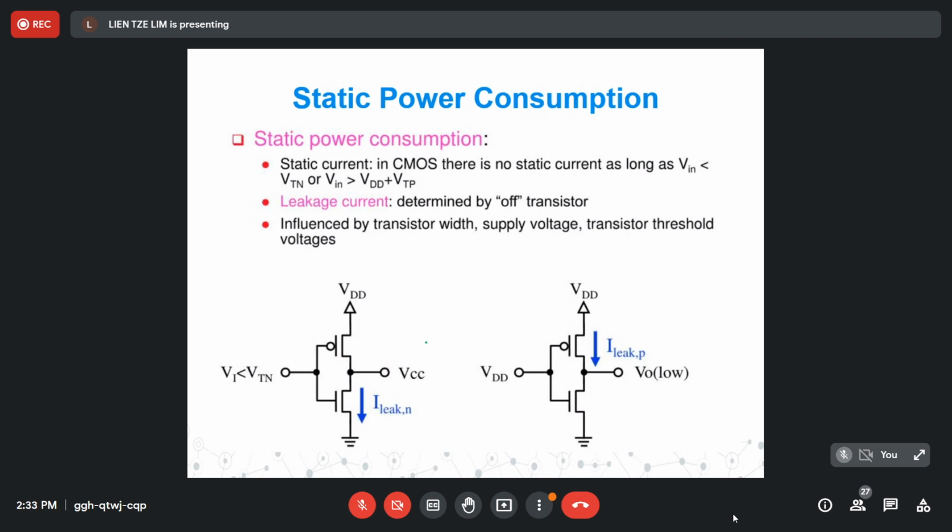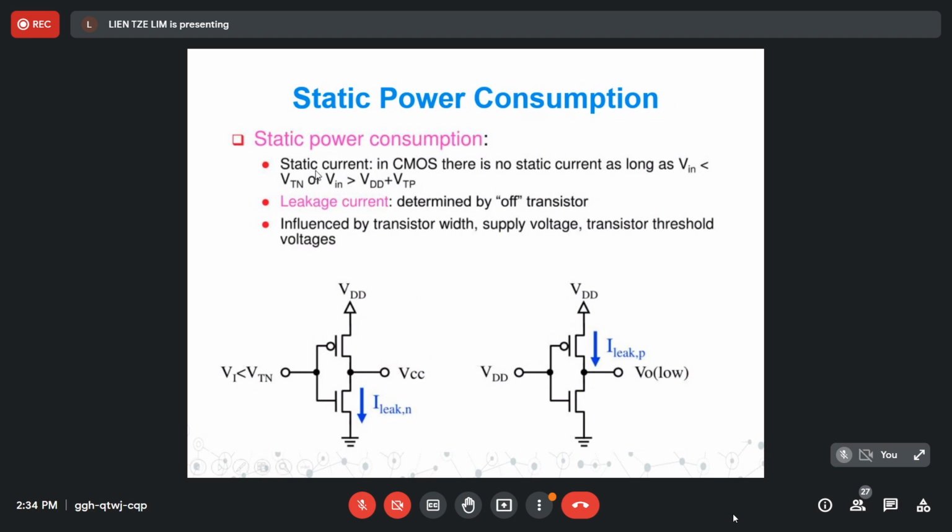So I will further elaborate on static power consumption. Just now I mentioned static power consumption is caused by some currents, the leakage currents. Here are some descriptions about what leakage current is.